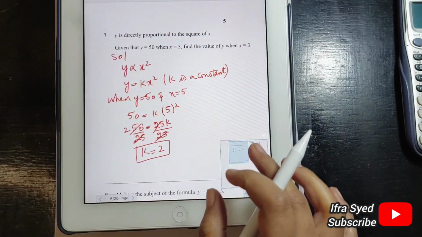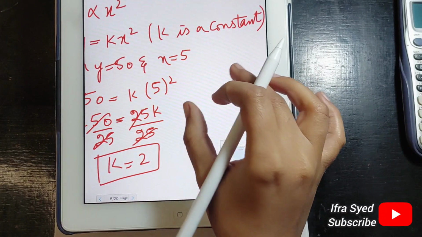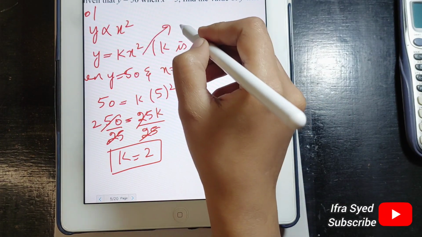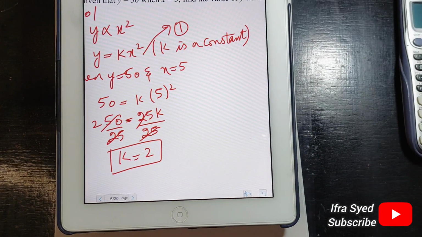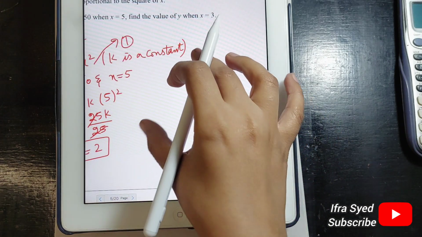So we can easily find out the value of y by substituting the value of k as 2. I name this equation as 1.